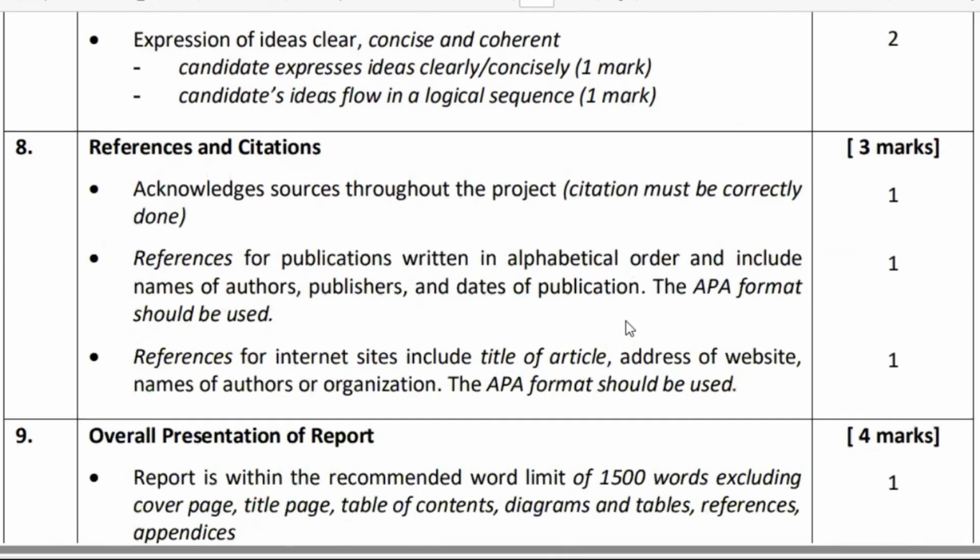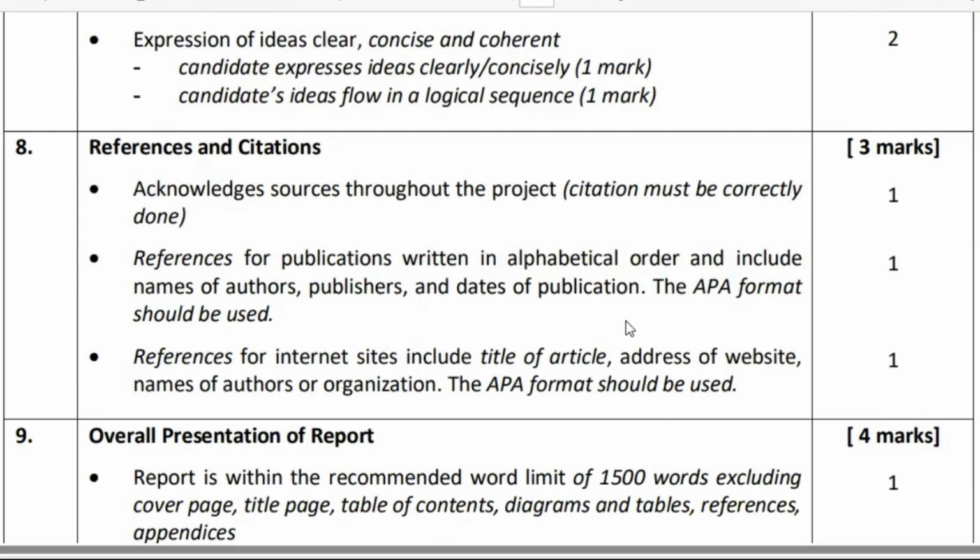Now, your references and citations. Acknowledge sources throughout the project. Citation must be correctly done. So remember, right, once it's not your words, you have to cite the sources and give credit. References for publications are written in alphabetical order and include names of authors, publishers, and dates of publication using the APA format.